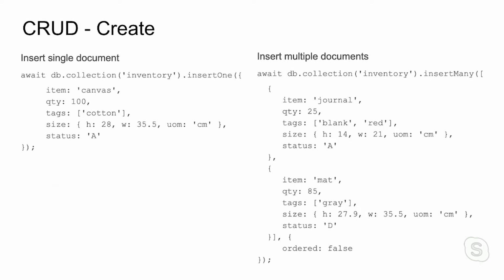All of these functions, for create, read, update, or delete, have some options as the last parameter. In this case, it's the option called ordered false, because what insertMany does is insert the documents in the order in which they are presented in the array. And in this case, if the first document fails for some reason and Mongo is not able to save it in the database, it will not even try to save the second one.